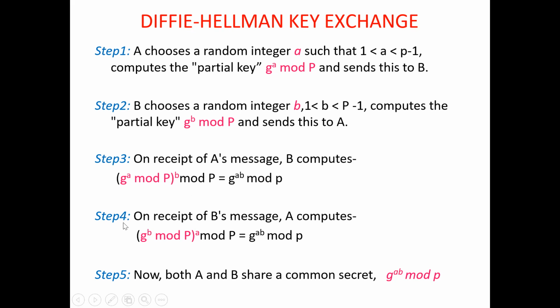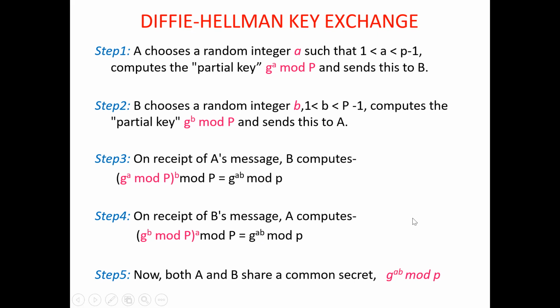Again, in step 4, on receipt of B's message, A computes G raised to B mod P raised to A mod P, which is nothing but G raised to A into B mod P. Now you can see both A and B share a common secret, that is G raised to A into B mod P. This is the simplest procedure of Diffie-Hellman key exchange.